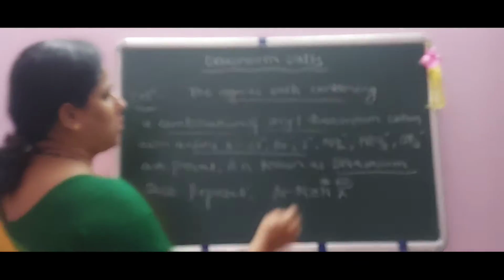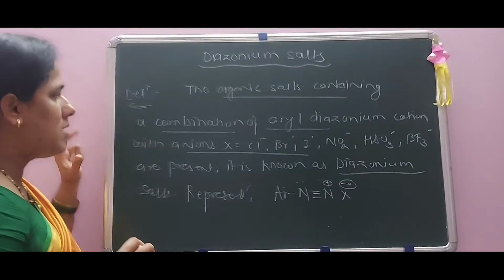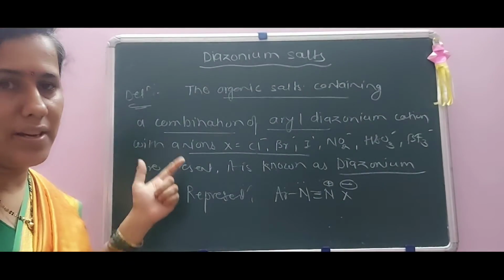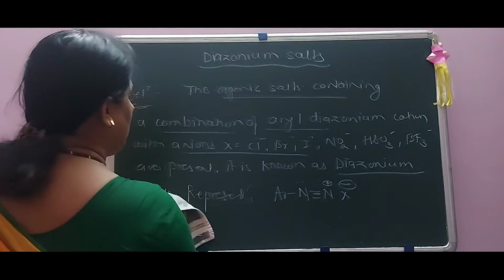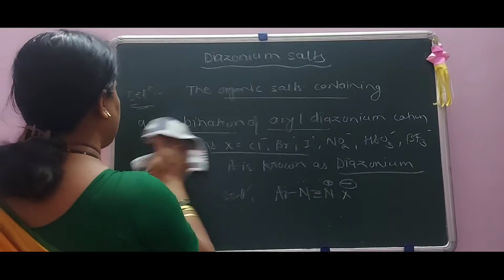Okay, now what is meant by these diazonium salts? Here we have seen its definition. Now we are dealing with the aryl diazonium cation.